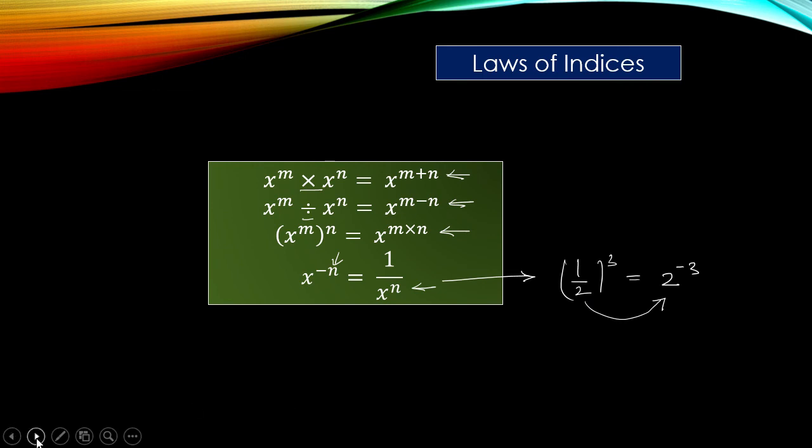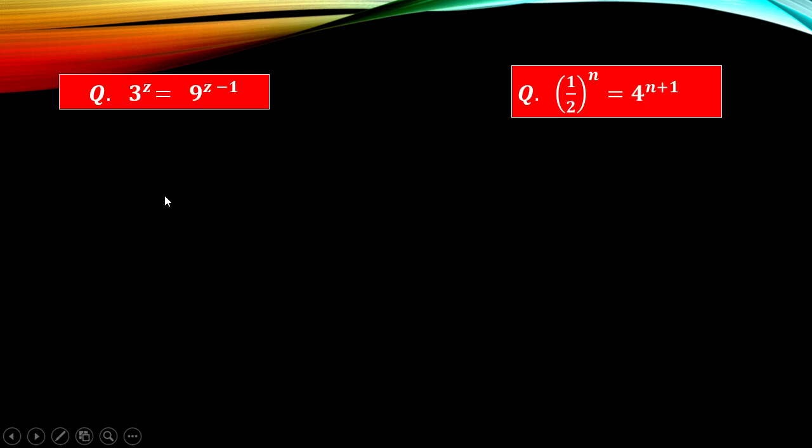Now we can see a few examples of how to solve these equations by using the laws of indices. In the first example, the LHS is 3 raised to z, so we write it as it is.